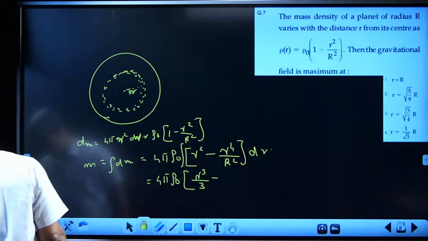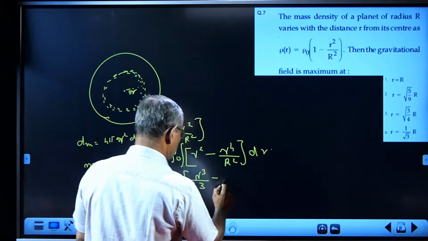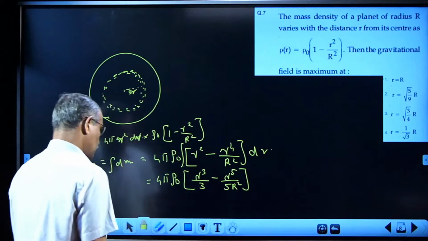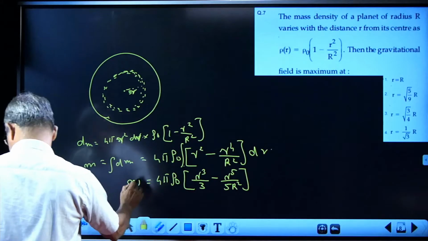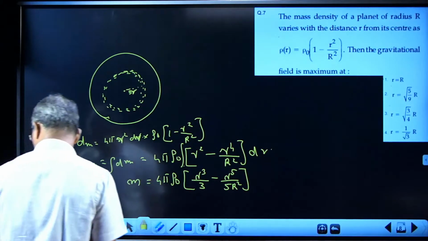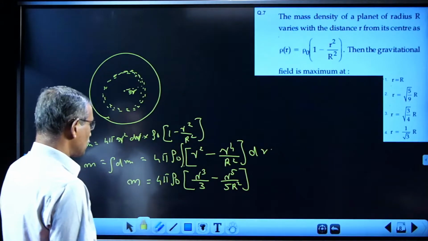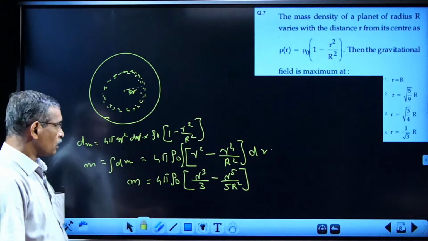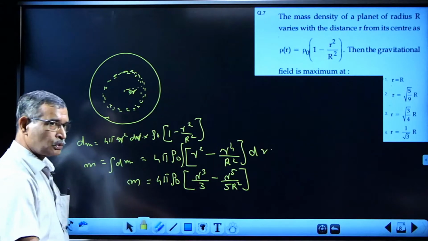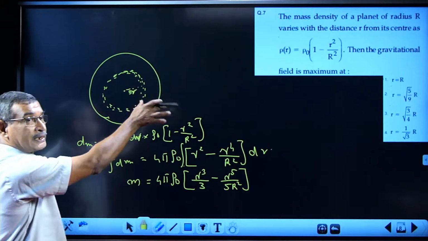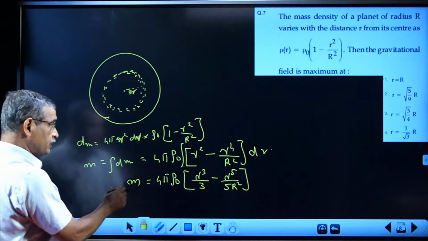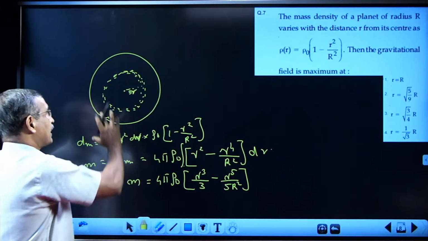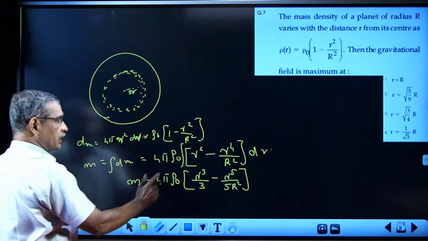Next one, on doing r raised to 5 by 5 r squared, this is our m. Now once you have the value of m, where m is the mass of that part whose radius is r, up to that radius small r, m is not the mass of the entire sphere, but the mass of an inner sphere having a radius r.